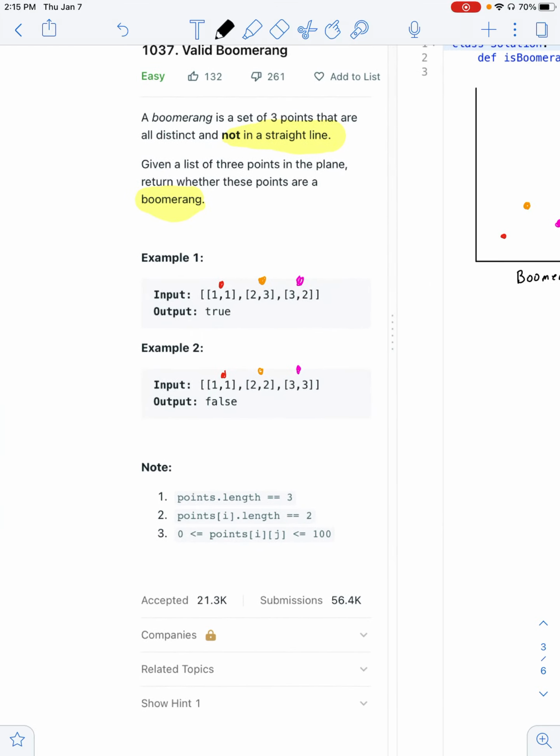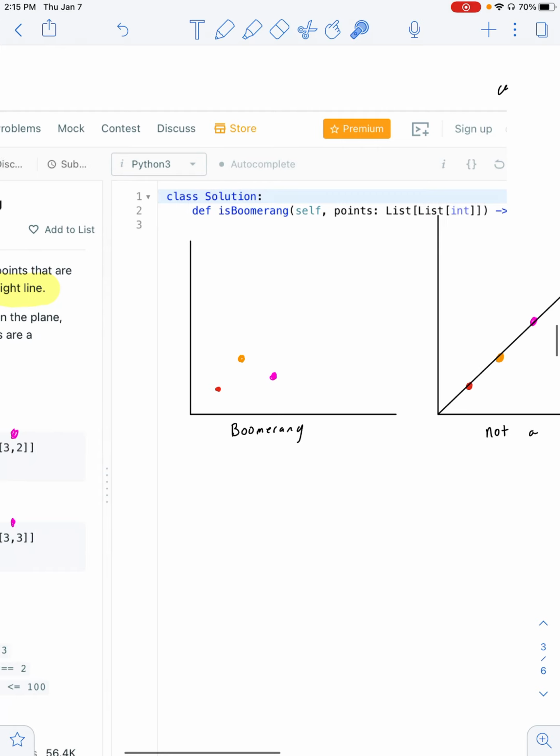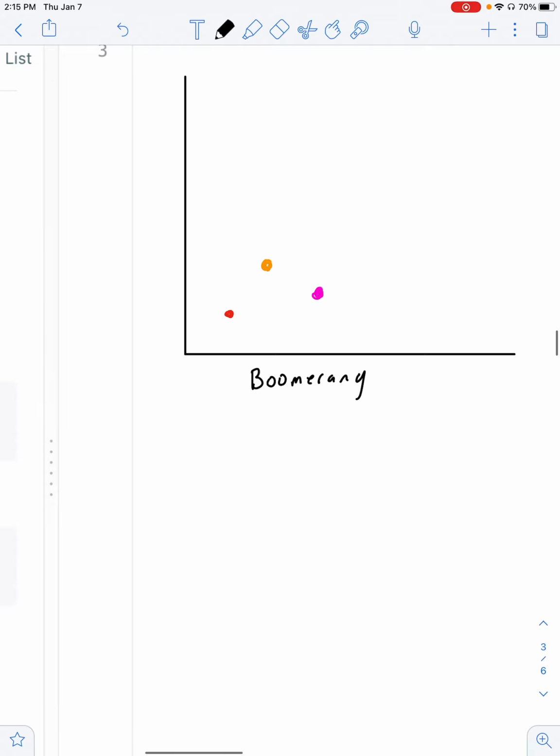Okay. So let's take a look at the input into our system. Our input is points, which is a list of int lists, so we're dealing with integer points. Points, for example, could be described like this.